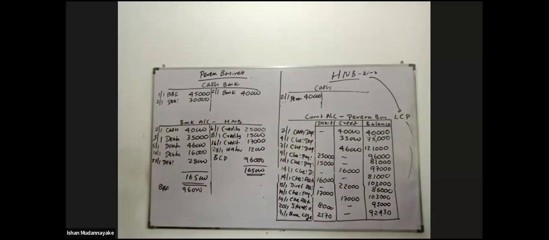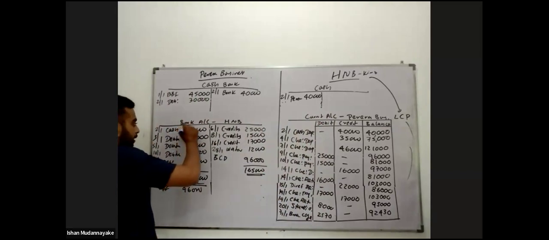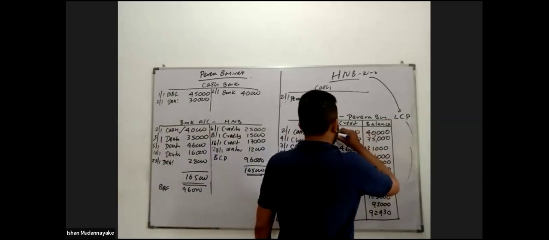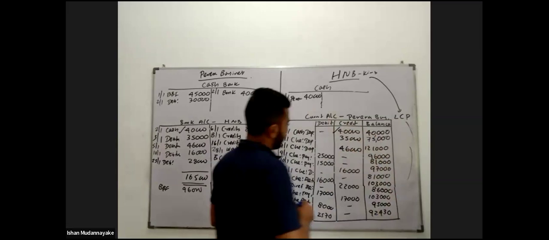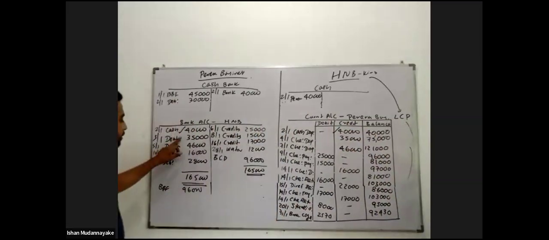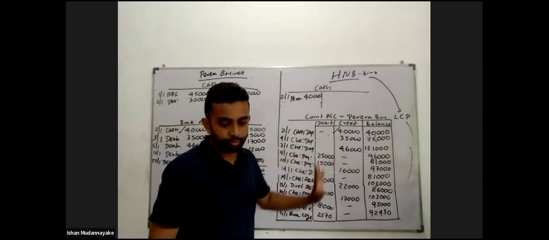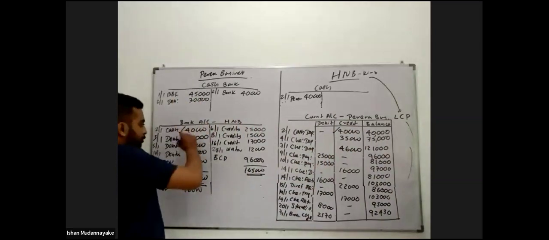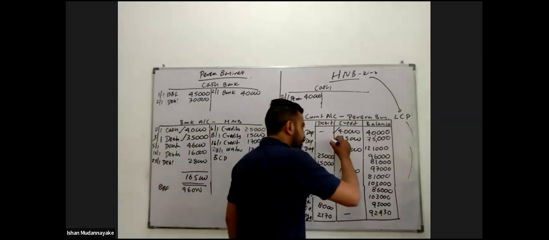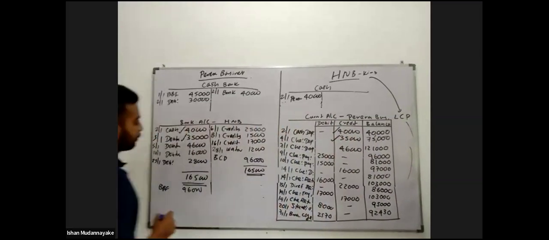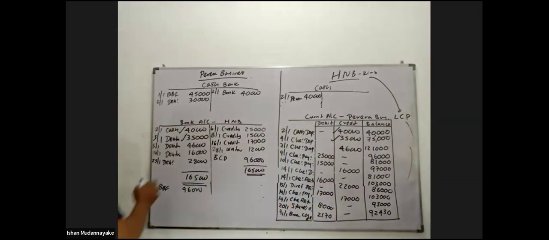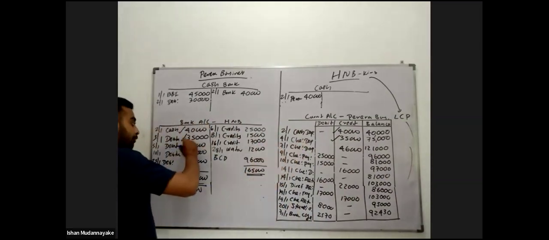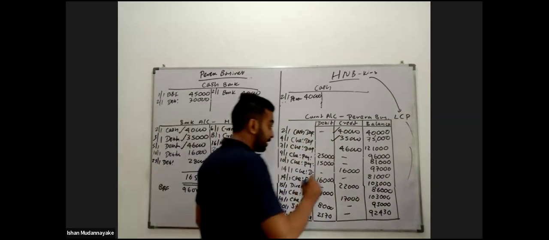Please cross check. If you have debited the bank account, the bank statement should be credited. You have debited, the bank has credited. You have debited 35,000, the bank has credited 35,000. That one is also okay. You have debited 46,000, the bank has credited 46,000.